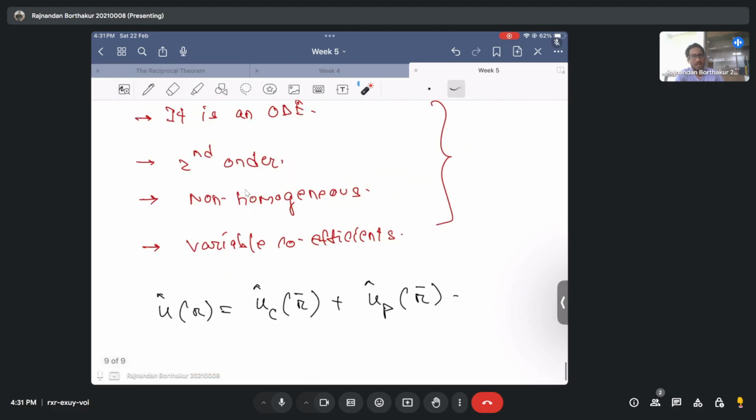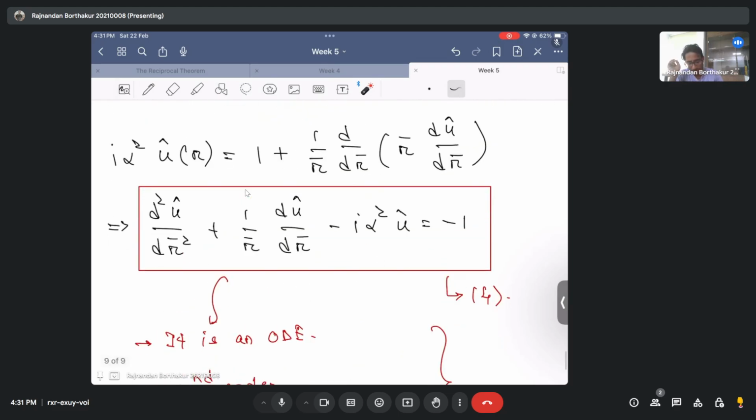I think it is called the method of undetermined coefficients or something like this. But luckily in this case, we can calculate the particular integral just by looking at this ODE, by inspection.